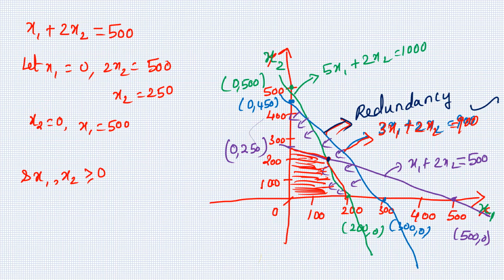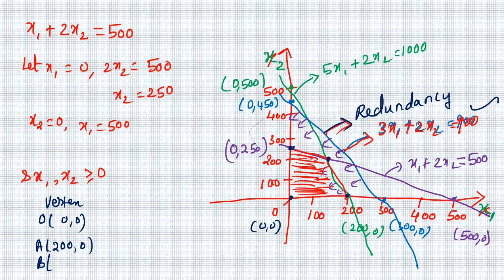And if you find the corner points of this, four corners are there, we will take them as vertices. First one is (0, 0), and next is (200, 0), and we consider the third point as the intersection point. How to find the intersection?